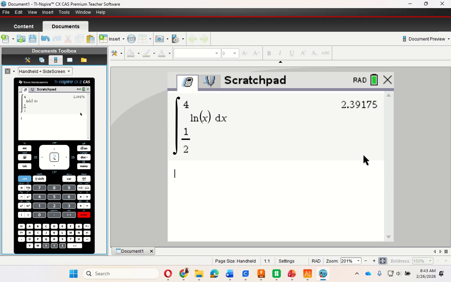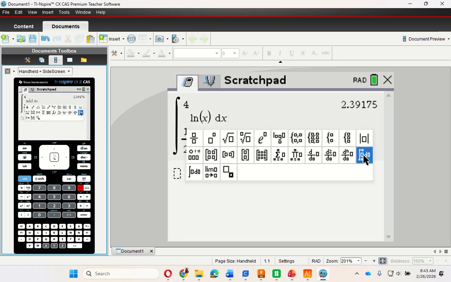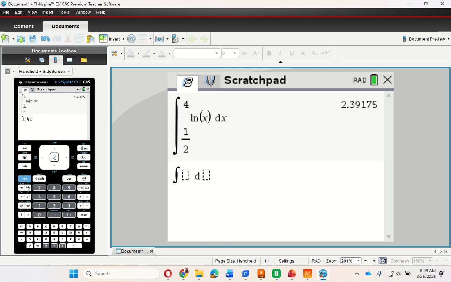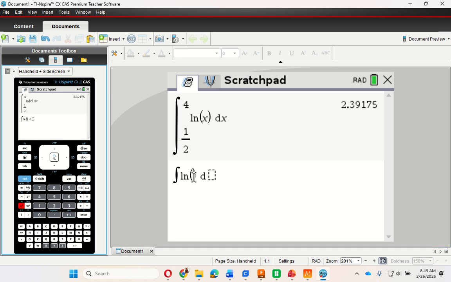What's the antiderivative of ln? Oh, that's the regular one, without the bounds.